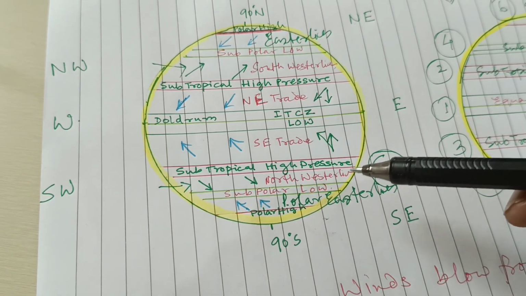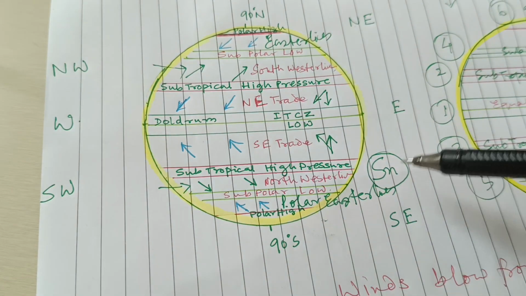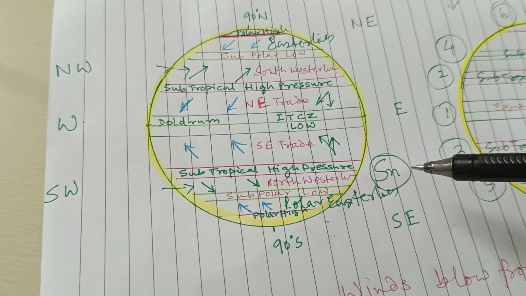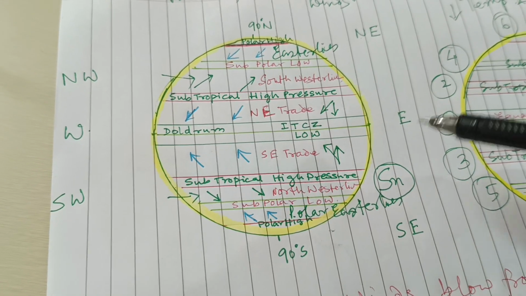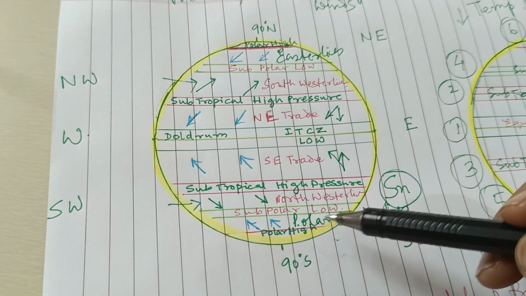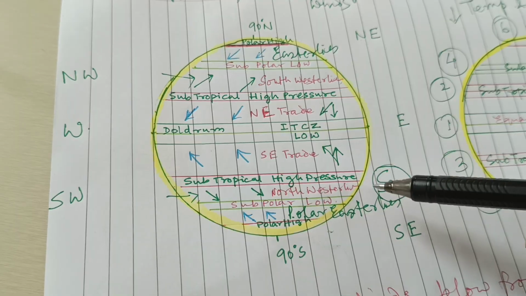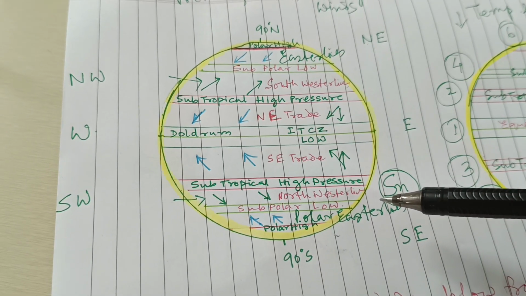So westerlies basically make a lot of sound or noise in the southern hemisphere. Now you can understand why they are called the roaring 40s, furious 50s and screeching 60s, right?